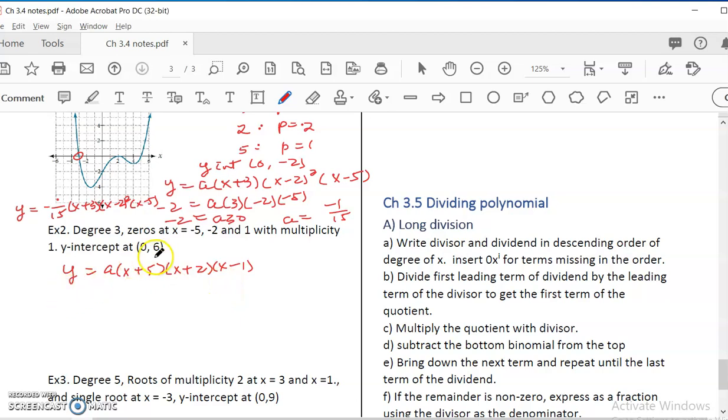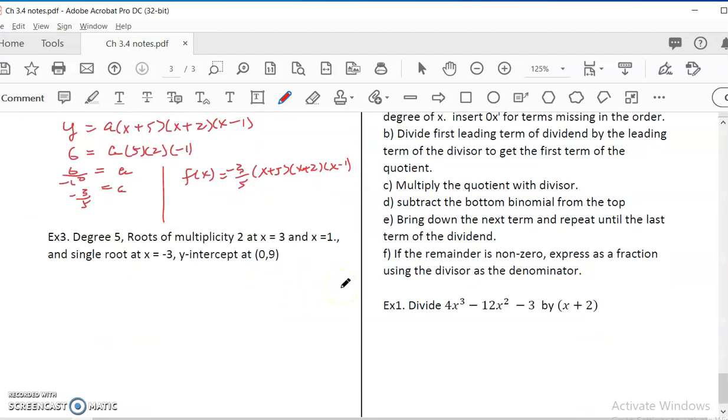Then you solve for a by plugging in 6 equal to a times 5 times 2 times -1. So this is -10, so a is 6 over -10, that is a equal to -3/5. So the function itself would be f of x equal to negative 3 over 5, times (x plus 5), (x plus 2), (x minus 1). That's it.